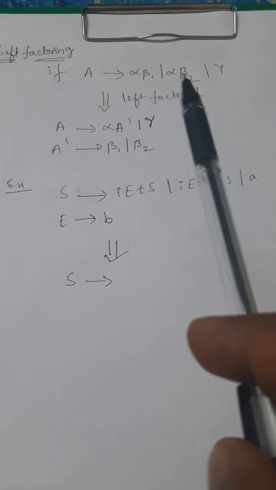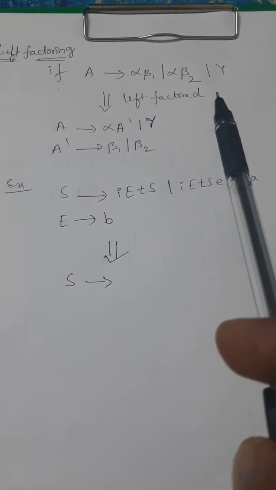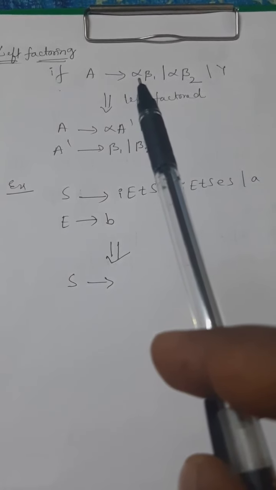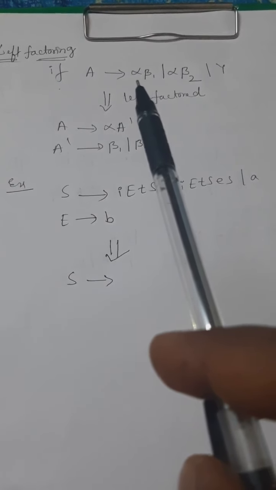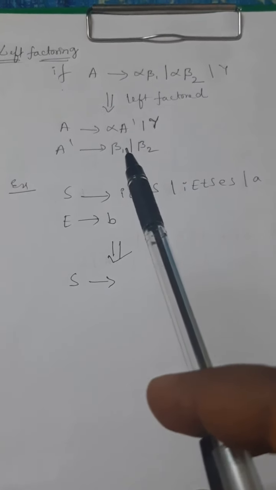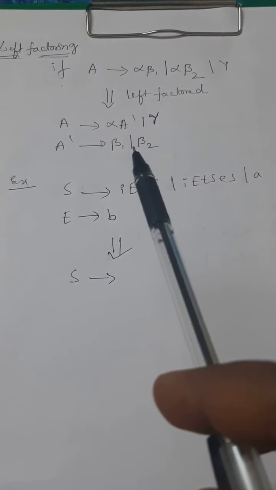Suppose A produces 10 alternatives, it should check all 10. To avoid this confusion, we remove the left factoring from the grammar initially by rearranging the grammar productions. So let's check how to rearrange the grammar productions.